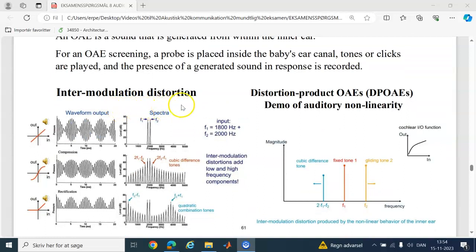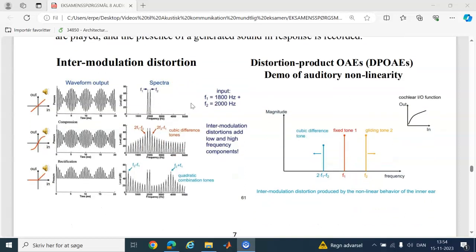We can talk about intermodulation distortion, with frequencies near each other, 1800 Hz and 2000 Hz. Then intermodulation distortion can happen. It adds low and high frequency components. F1 is 1800 Hz and F2 is 2000 Hz.